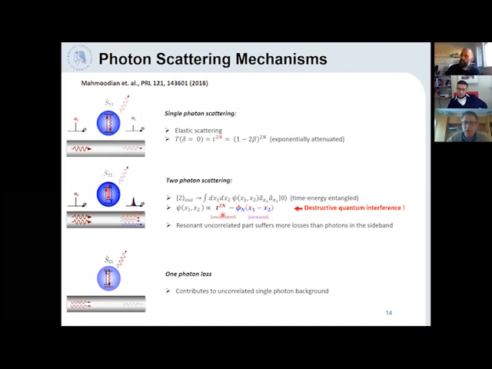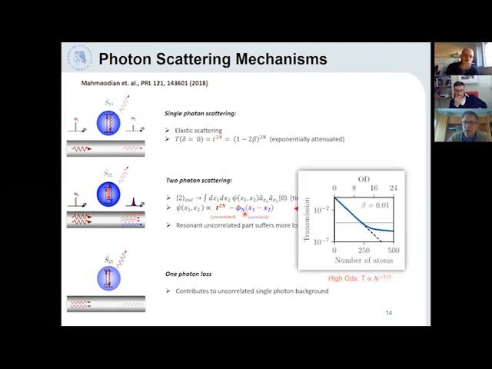And after a while of propagation and interaction with atoms, this factor here goes exponentially to 0, whereas this here only goes polynomially to 0 due to filtering. And this is actually what then gives rise to the predicted deviation from Lambert's law for high optical depth, okay? So it's the less efficient absorption of the correlated photon pairs when they propagate along the fiber, okay?